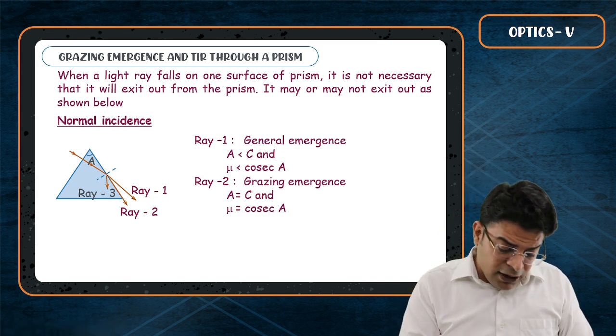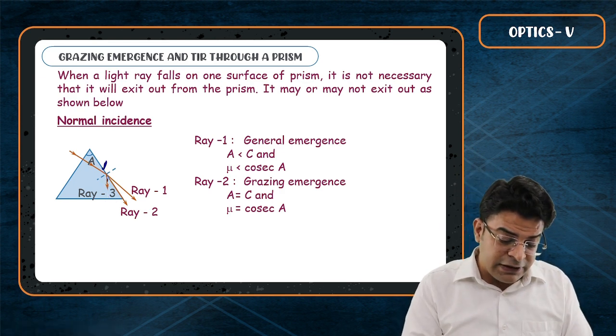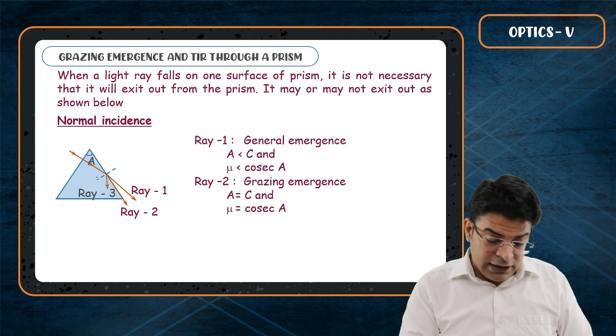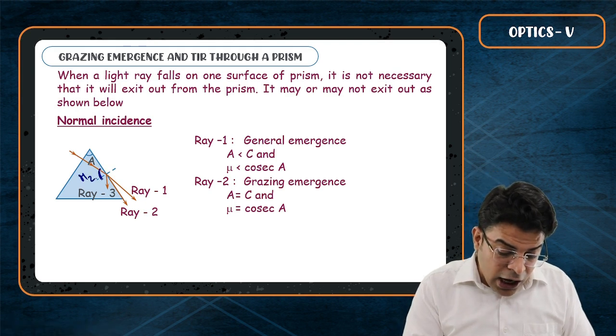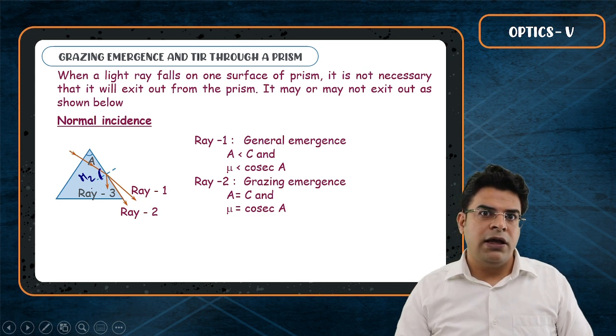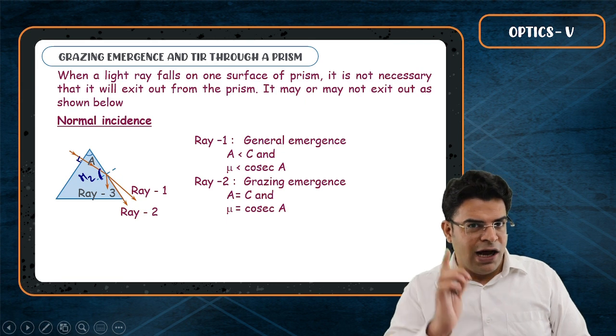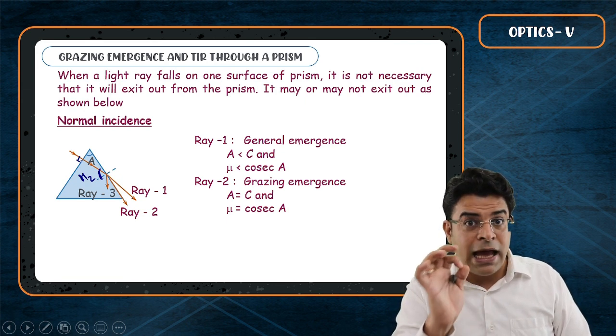Now for the third ray, if you want the ray on hitting the second surface to undergo TIR, then this angle of incidence R2 in the denser medium should be greater than the critical angle. And if the incident ray is incident normally, then R2 has to be the same as the apex angle.